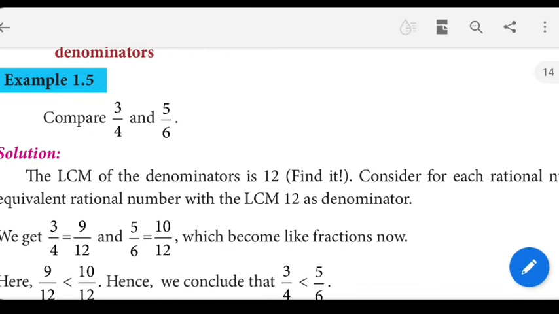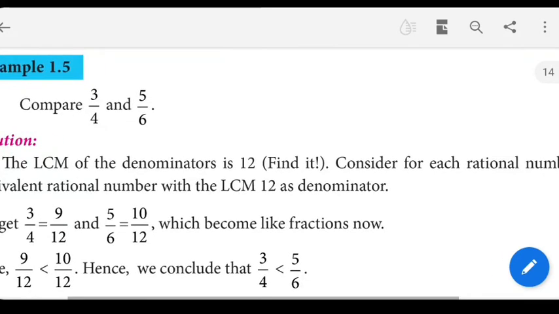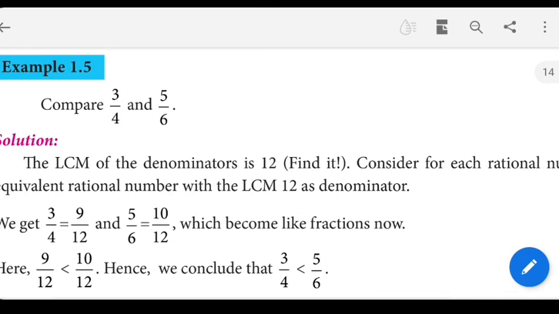So we make the denominator the same using the LCM method. I want to show that LCM method. We take 4 and 6.